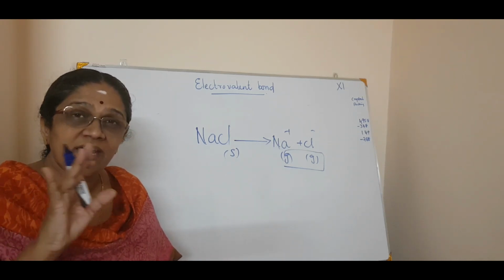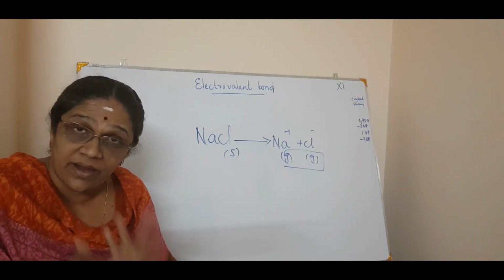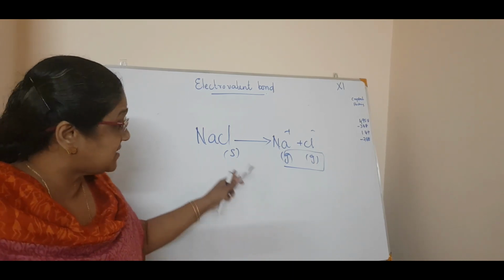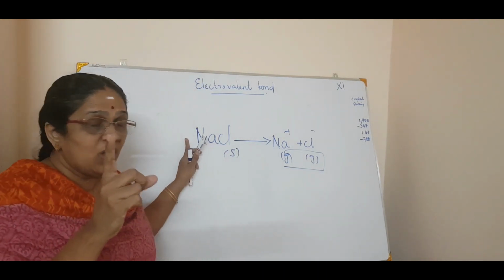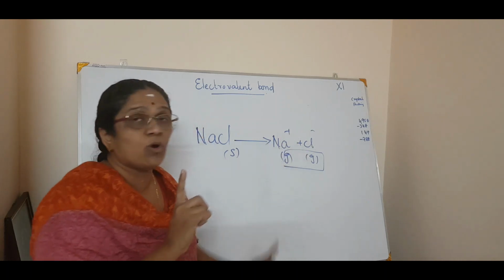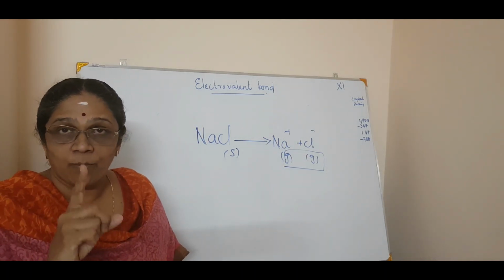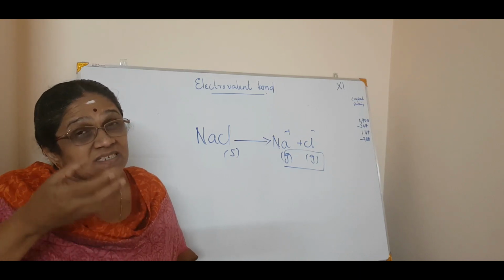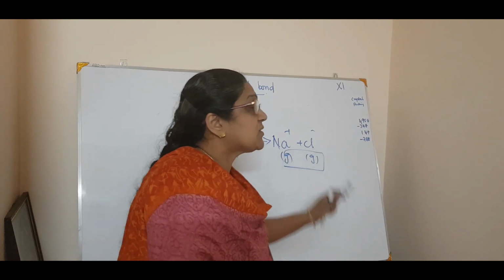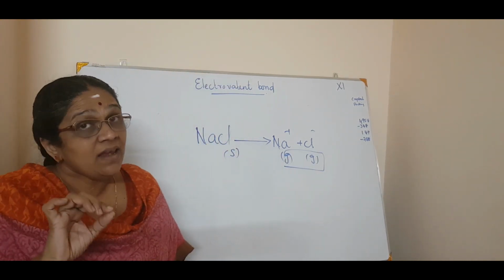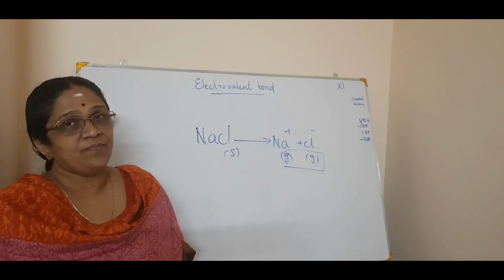How much energy is required to break this solid NaCl? If it is 1 mole, you will get 1 mole of Na plus and 1 mole of Cl minus. So how much energy is needed to break 1 mole of a solid compound into its constituent ions in the gaseous state? That is called lattice enthalpy.